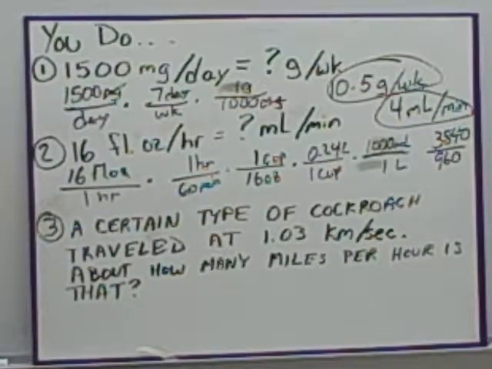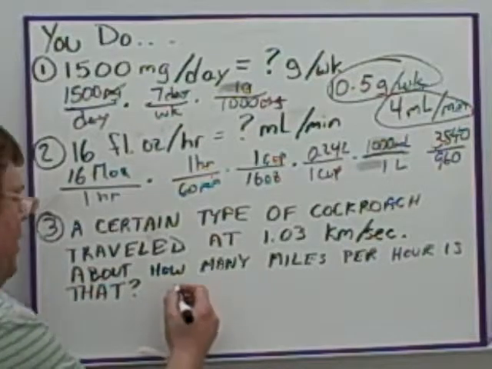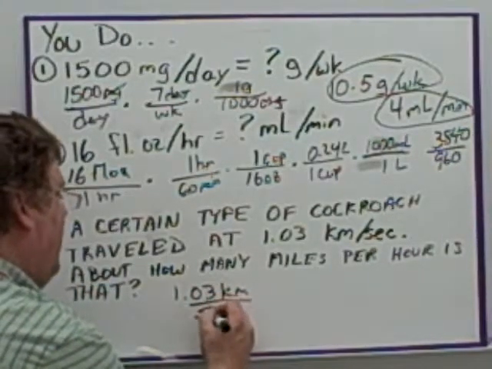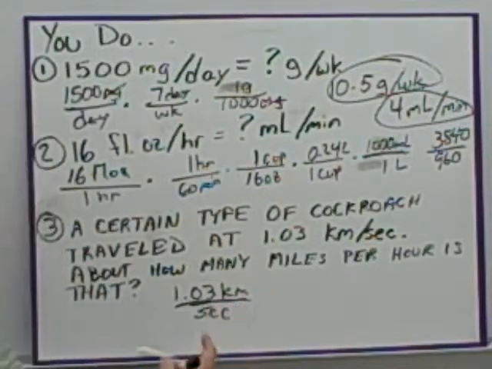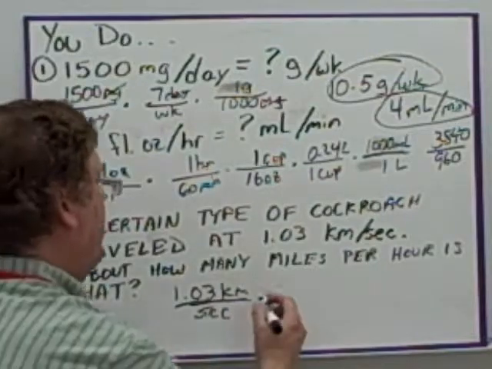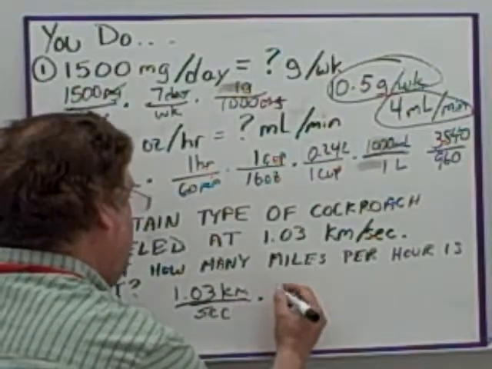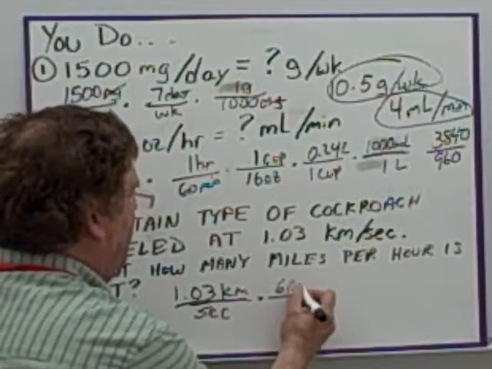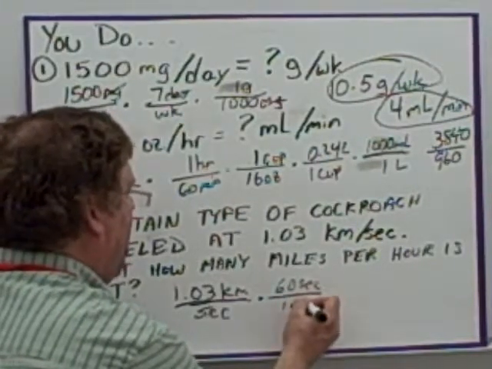A certain type of cockroach traveled at 1.03 kilometers per second. We want to convert that to miles per hour. Now, we already know that to convert seconds here, we have to first convert to minutes, which says there are 60 seconds in 1 minute.